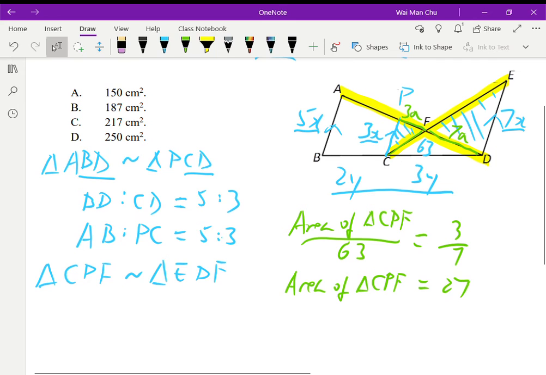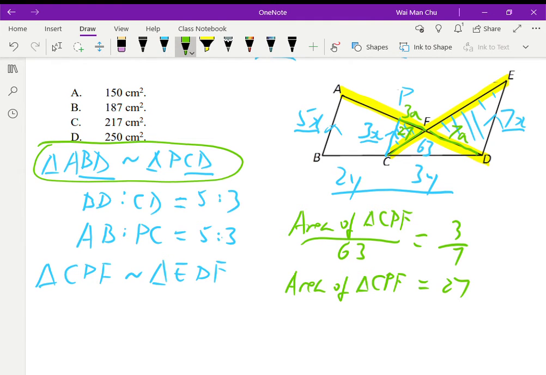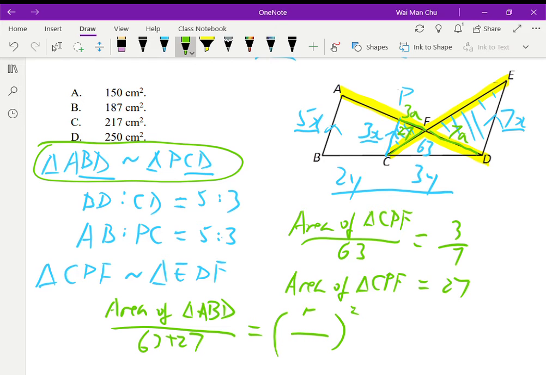And next, after you find that this part is 27 cm square, I think the remaining part can be found quite easily by once again using this pair of similar triangles. So let me continue here. The area of the big triangle ABD over 63 plus 27 should be equal to the square of the ratio of the corresponding sides, 5 to 3.